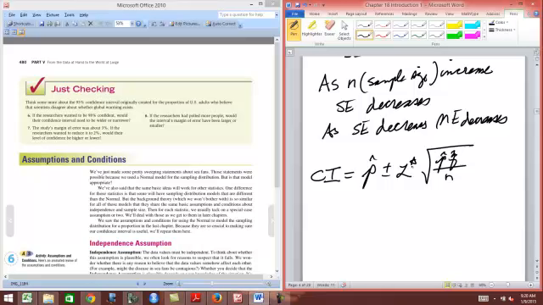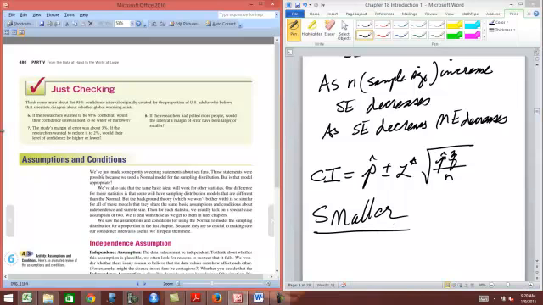If z star increases, the whole thing is going to get bigger. If z star decreases, the confidence interval is going to get smaller. So, smaller. Level of confidence wouldn't have changed, but the margin of error would be smaller, and consequently the confidence interval would be smaller.